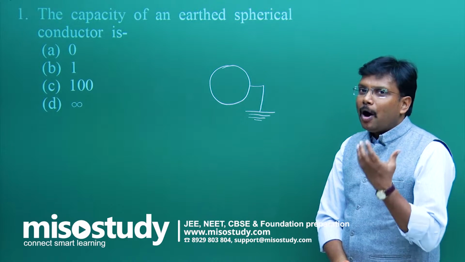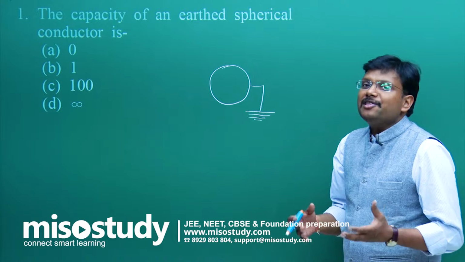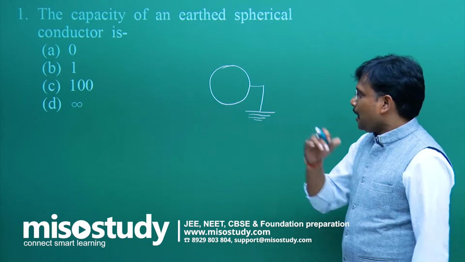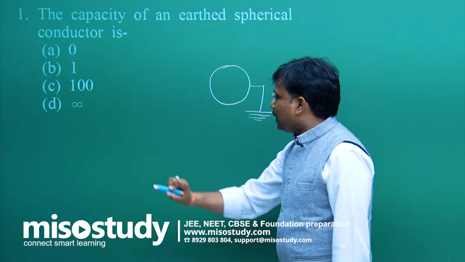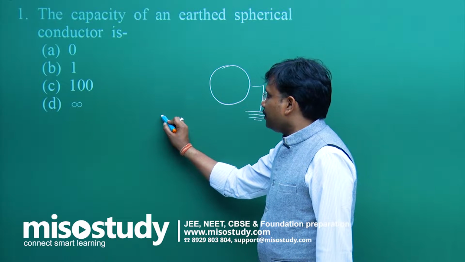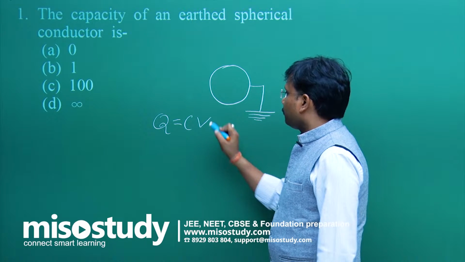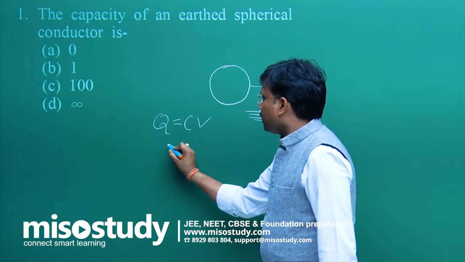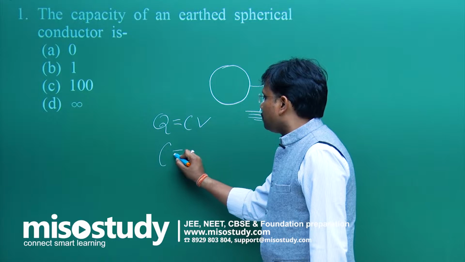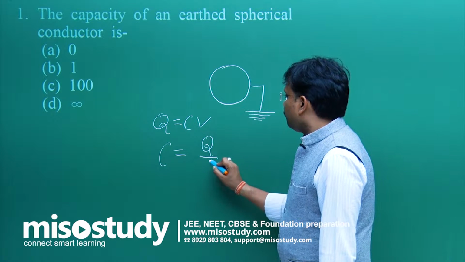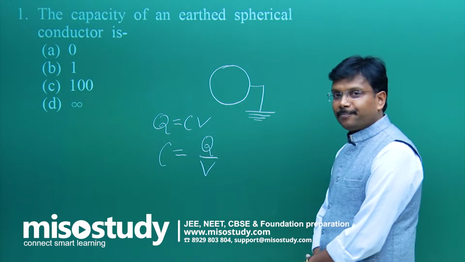So what about its capacity? Capacity means capacitance. C means ability to retain charge. What is the basic formula that we are supposed to use? That is Q is equal to CV. Fine. So from here what we can say, C is equal to Q by V. Okay.